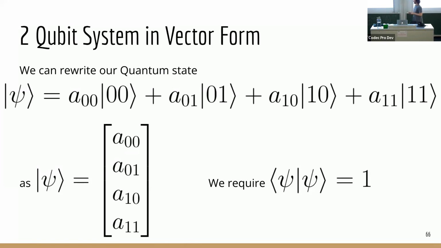Now, this is where things start to get a little interesting, because this definition, as we have it here, is very similar to the definition of a single qubit system, with the exception that we are just scaling up the number of probability amplitudes that we can hold. But we still have this requirement about the inner product. And we will see that there aren't as many differences between a multi-qubit system and a single qubit system as one may think.